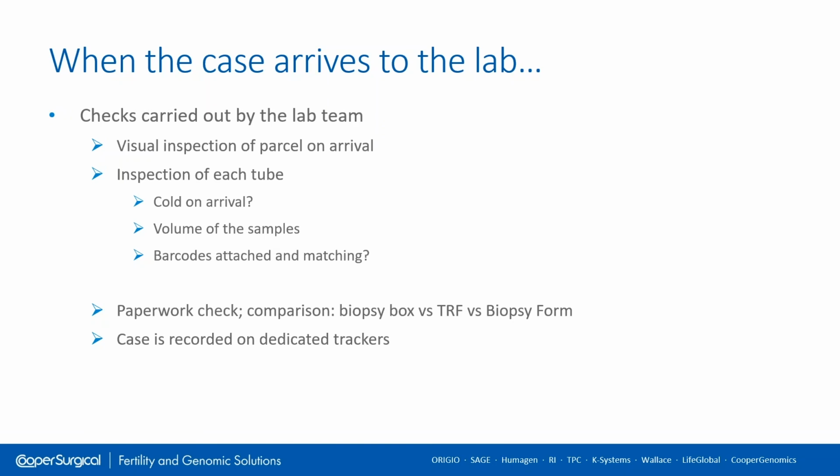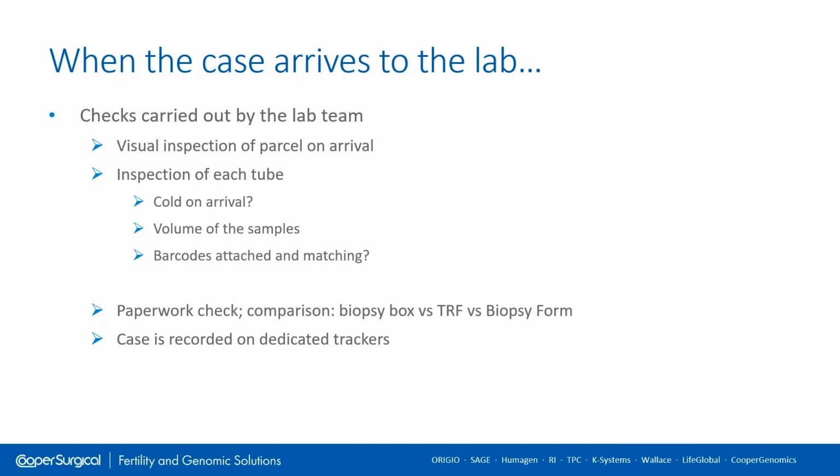Then we take out every tube and look at the volume of the samples. We do not measure the volume, but we know we are expecting around 2.5 microliters of buffer in the tube together with the cell. We then check all the names on the top of the tubes, and we also check that all the barcodes match the paperwork.